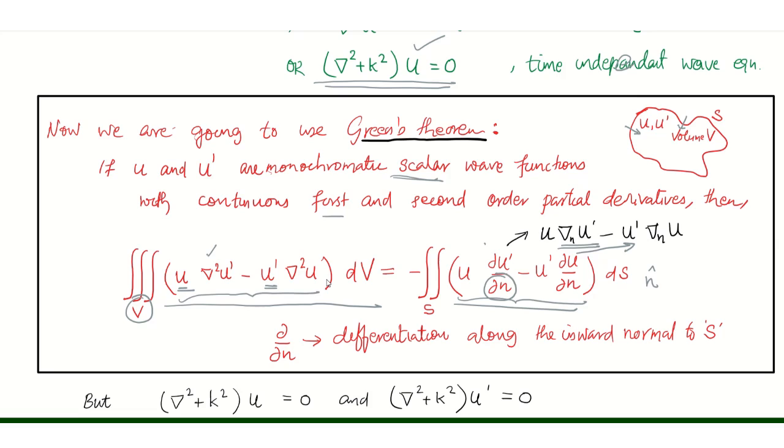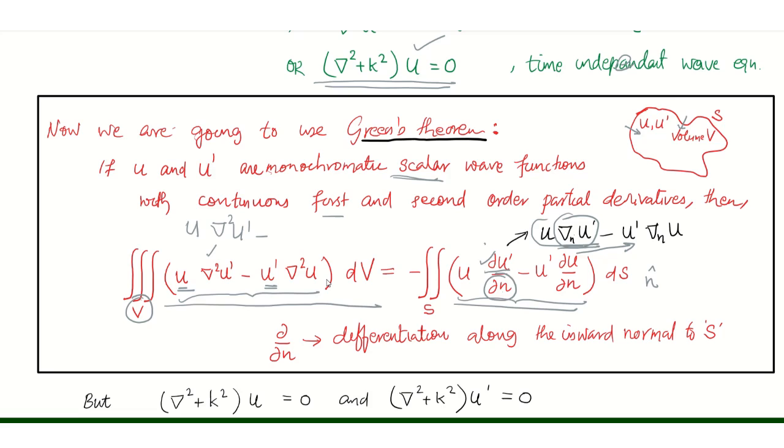This is another way of representing it. Dou u prime by dou n means the normal component of the gradient at the surface, and in that case, it's easier to remember. Here you have the volume integral and del square.